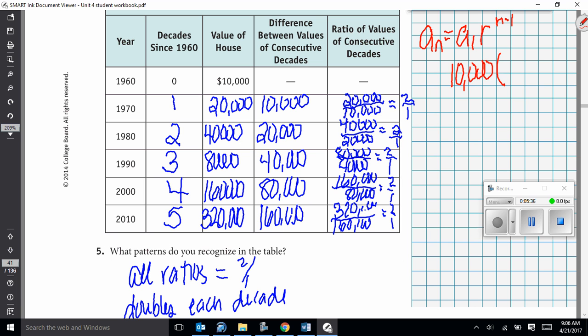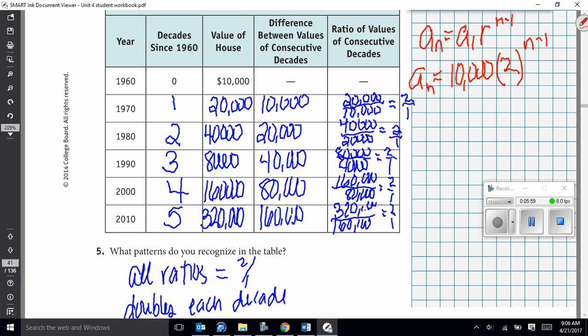What's our r value? What's our r value? 2, because we're doubling it each time. So in this case, what's our n value? Right, it's years, but it's in decades.